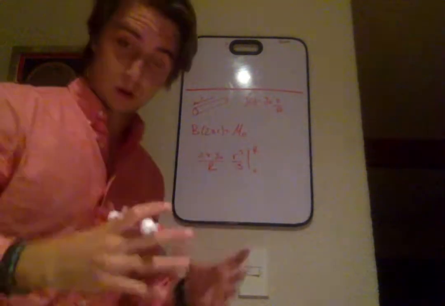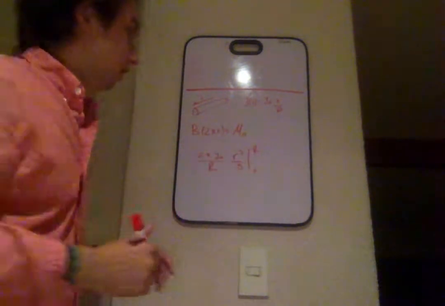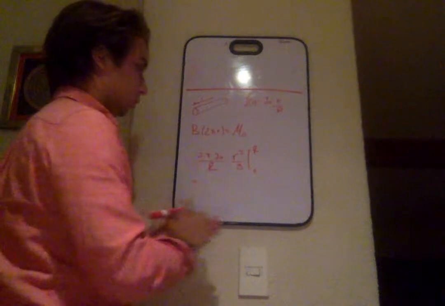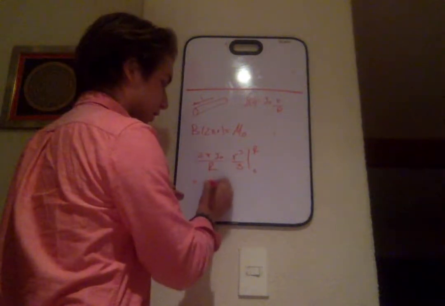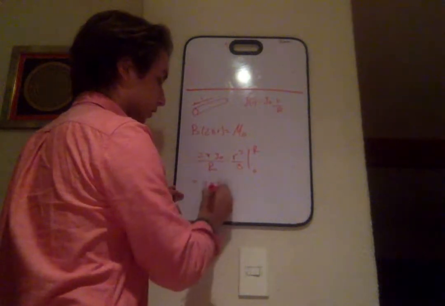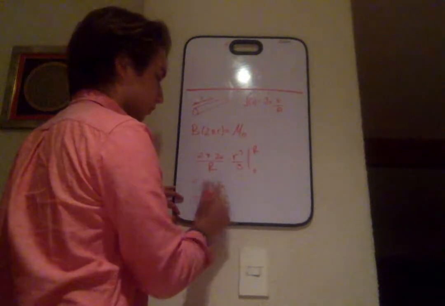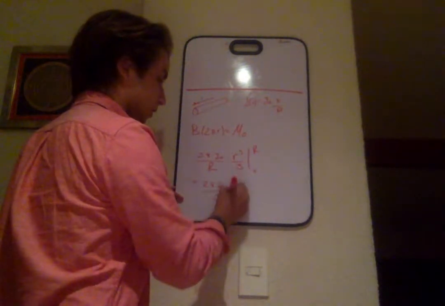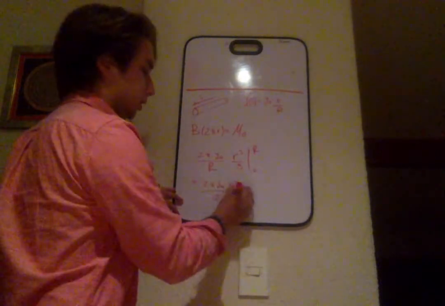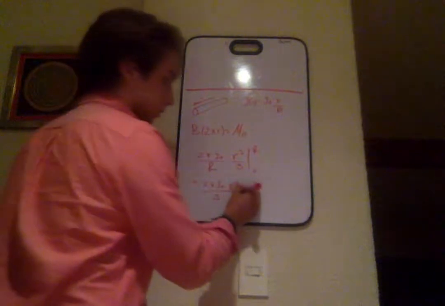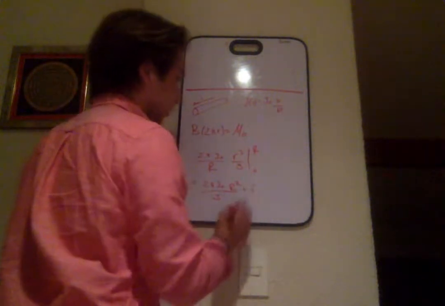Remember the cake? We now grab the whole cake, and so we would have 2 pi j naught R squared over 3, and that'd be just the current.